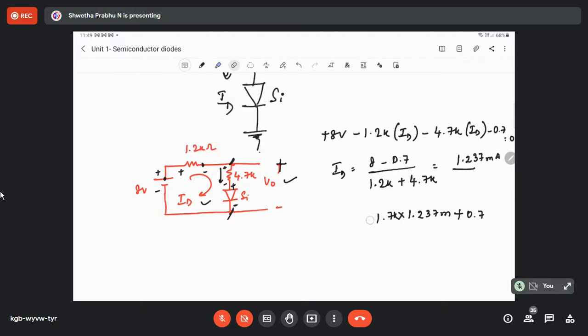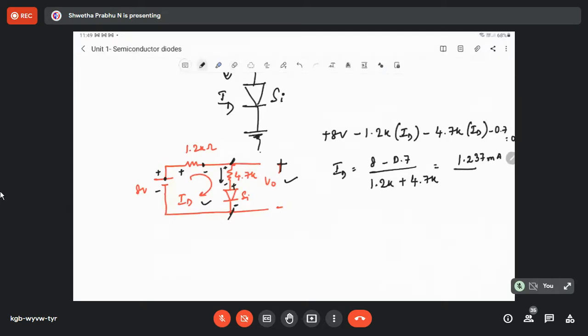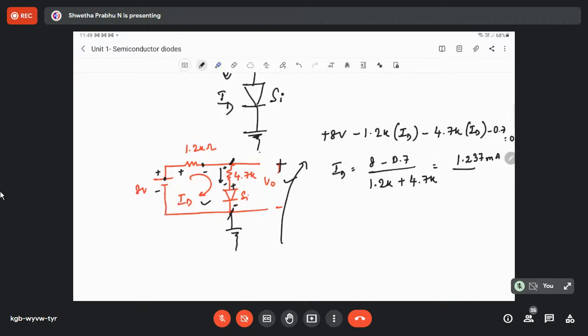In order to find the output voltage, you will always have to consider a ground potential. With respect to ground potential, you apply the KVL from bottom to top. When you apply the potential from bottom to top, can you tell me what is the drop over here? Are you able to see the arrow mark? It is plus 0.7 here.